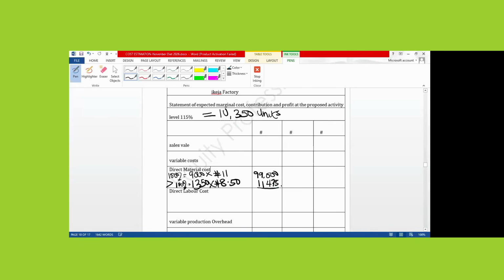That is total material cost: 110,475. You have gotten direct material cost when production is 115%. We now move to labor cost.